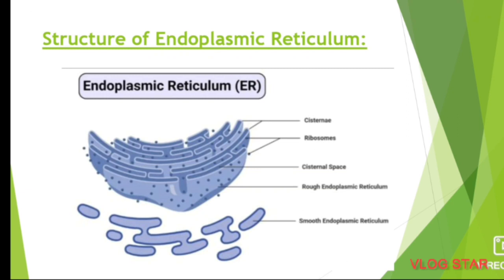Structure of the endoplasmic reticulum. It consists of cisternae, ribosomes, cisternal space, rough endoplasmic reticulum, and smooth endoplasmic reticulum. Morphologically, the endoplasmic reticulum is composed of three structures, namely cisternae, vesicles, and tubules.